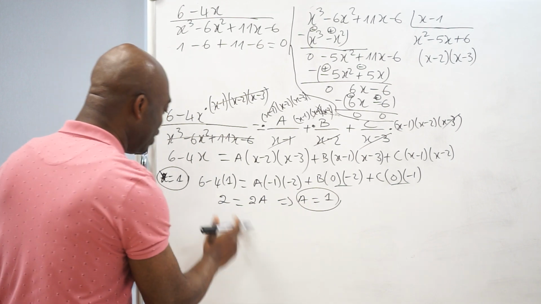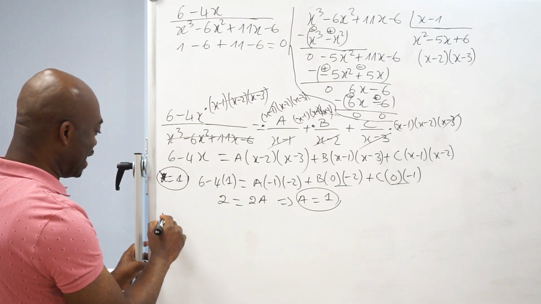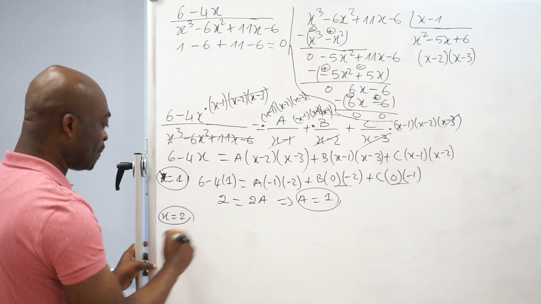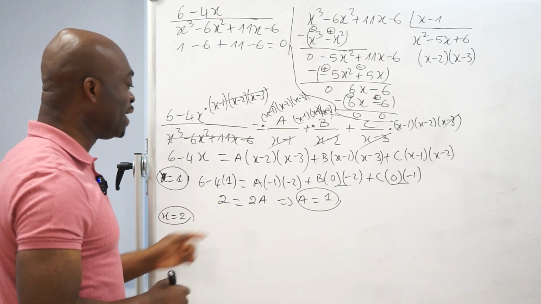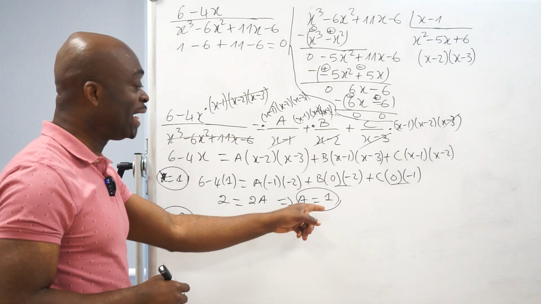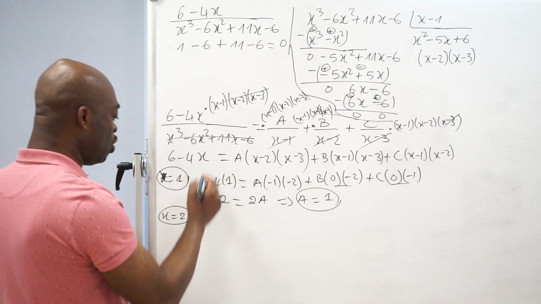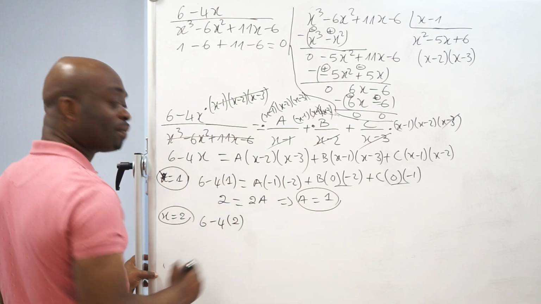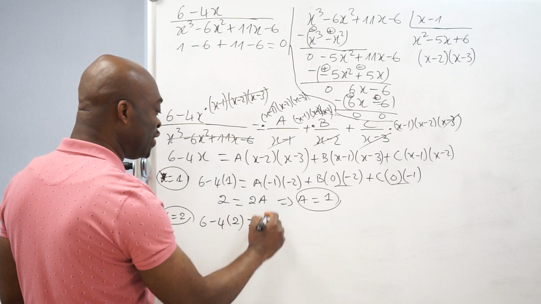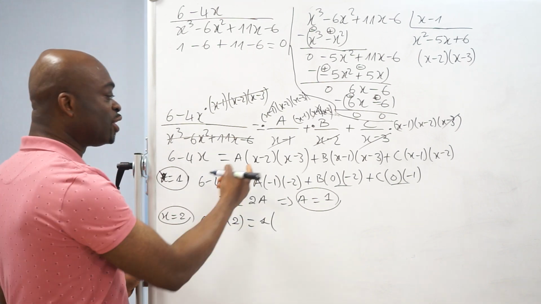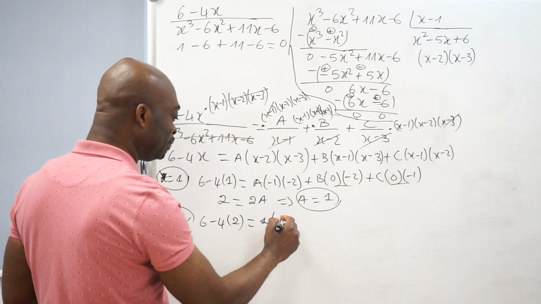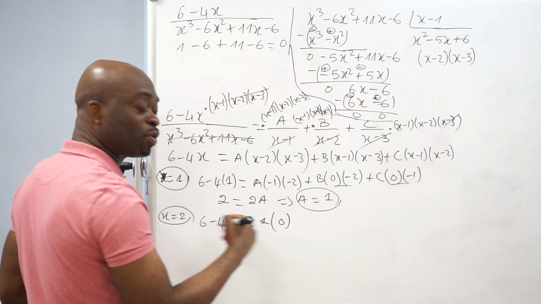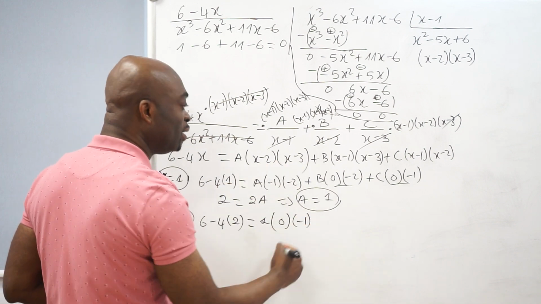So now you can just say x equals 2, and you do the same thing. And don't forget about the fact that a equals 1 already. So you have 6 minus 4 times 2, equals a, which is 1 already, and then 2 minus 2 is what? 0. 2 minus 3 is negative 1.